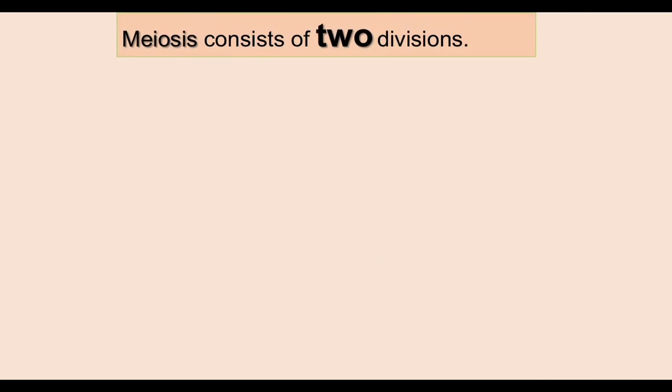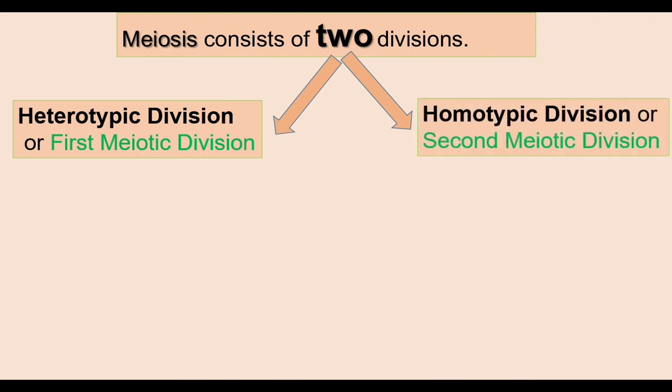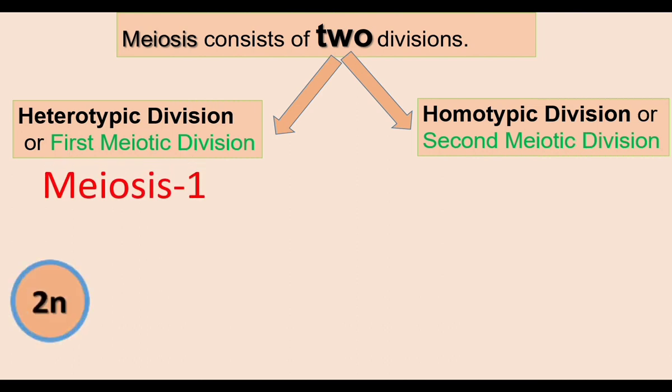Meiosis consists of two continuous divisions. The first one is heterotypic division, or meiosis I. The second one is homotypic division, or meiosis II. In meiosis I, the diploid parental cell divides into 2 haploid daughter cells.